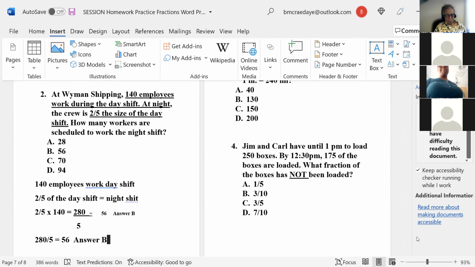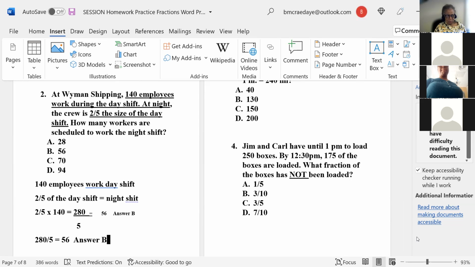So what's the total number of employees? Oh, double, 280. Maureen, what's the total number of employees? Where are you getting 280? No, at Wayman Shipping, 140 employees.